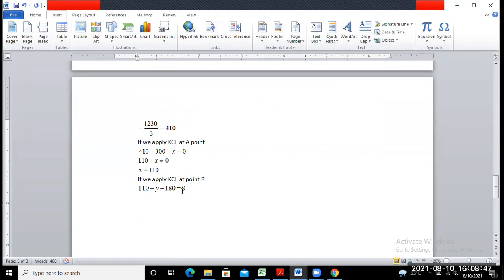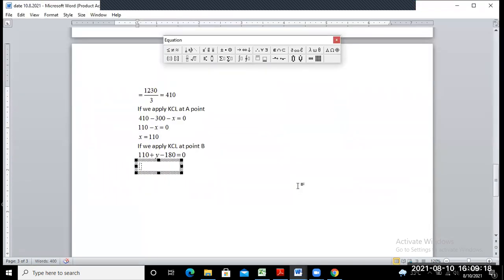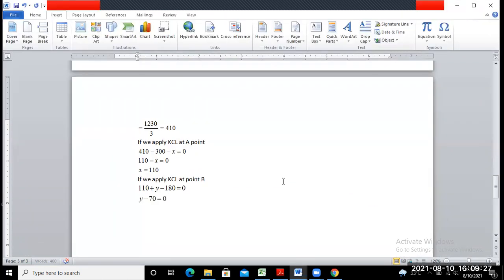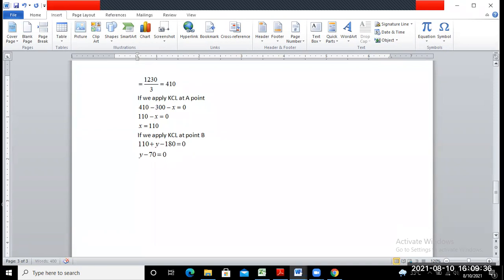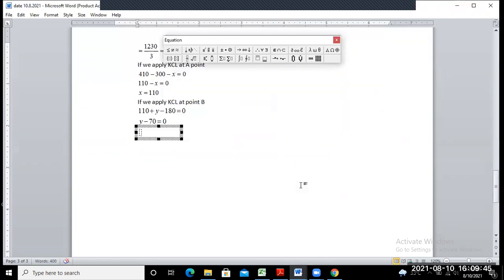If you solve this equation, 110 is positive and 180 is negative, so Y minus 70 equals 0. So Y equals 70 ampere.